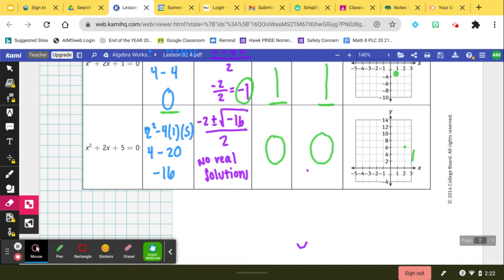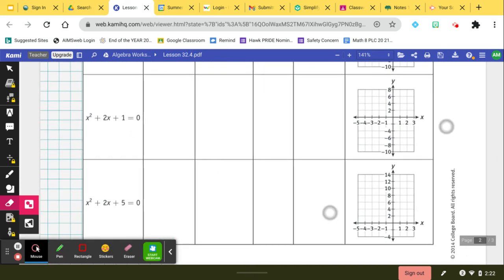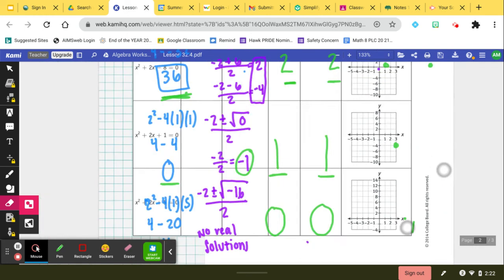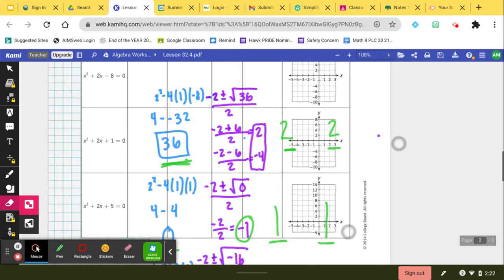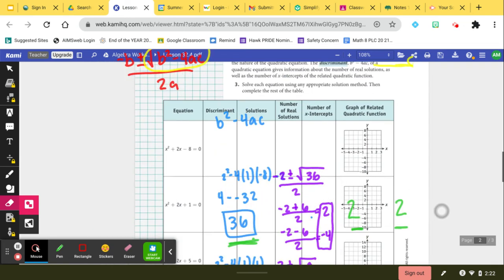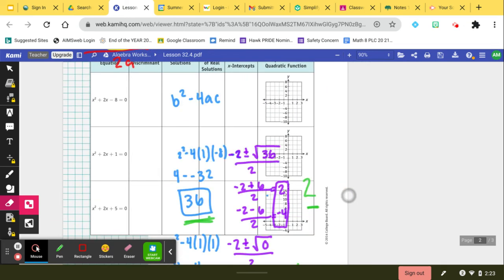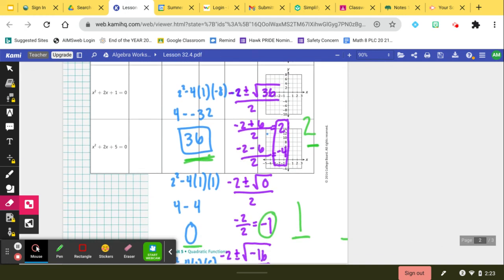So let's try to look at this pattern. We had a positive discriminant of 36, and so we had 2 real solutions.